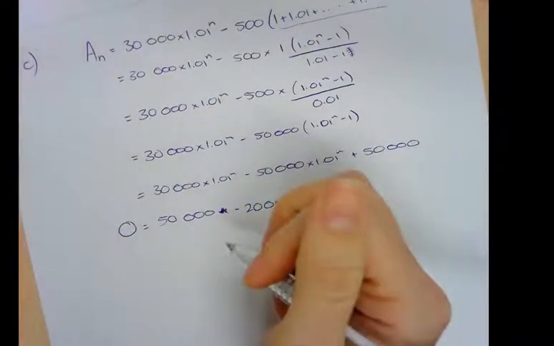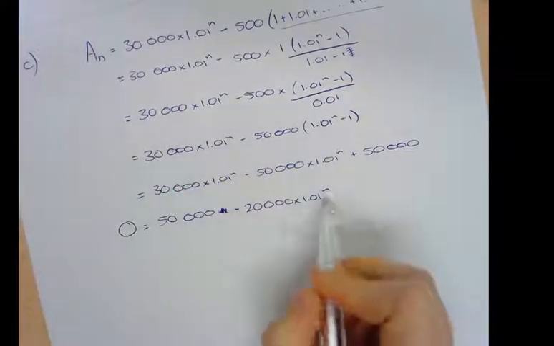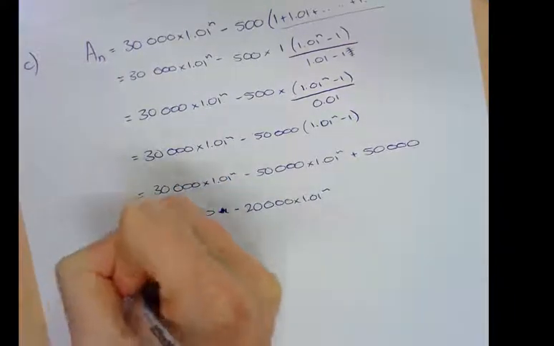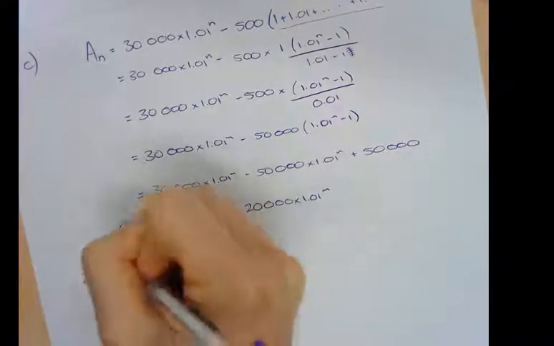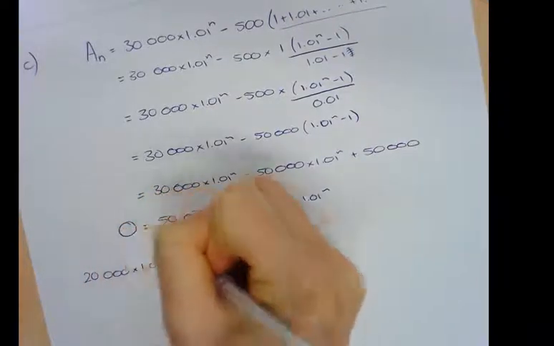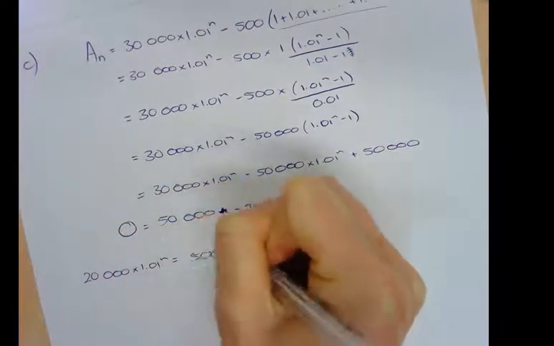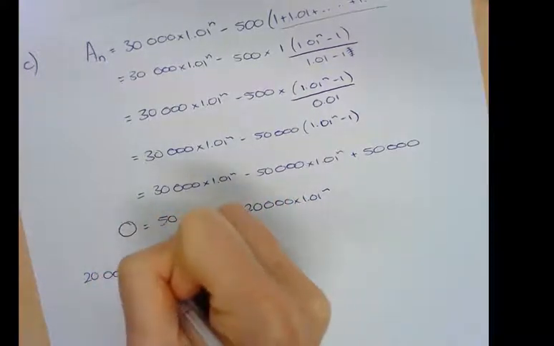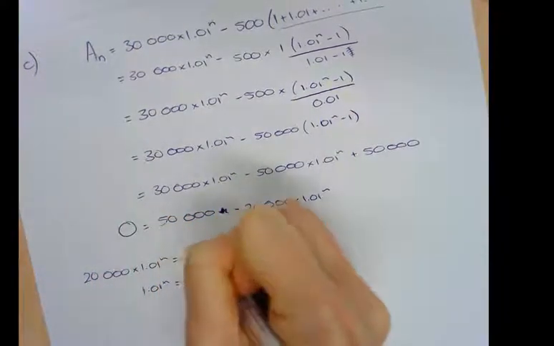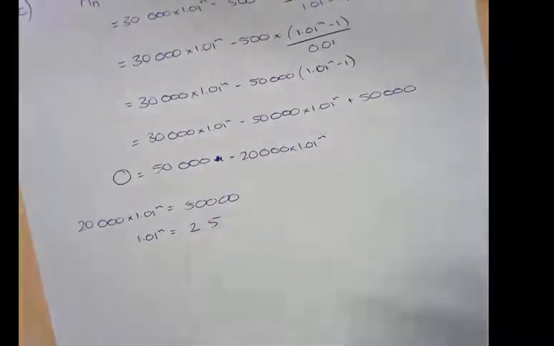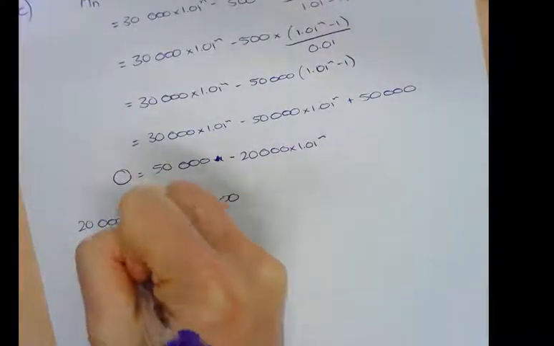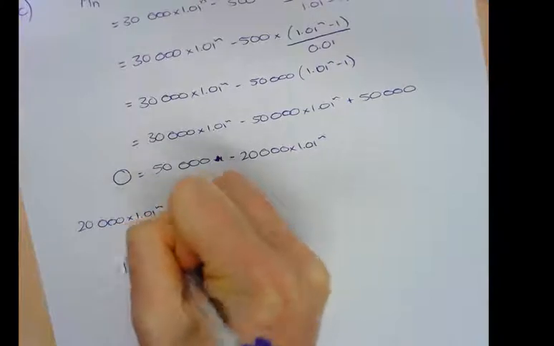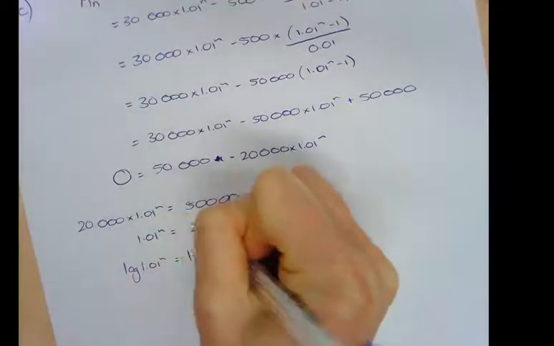So if we move this over this side, we'd have 20,000 times 1.01 to the n equals 50,000. Then I'm going to divide both sides by 20,000, so we'd have 1.01 to the n equals 2.5. And now if you take logs of both sides, we'd have log of 1.01 to the n equals log of 2.5.